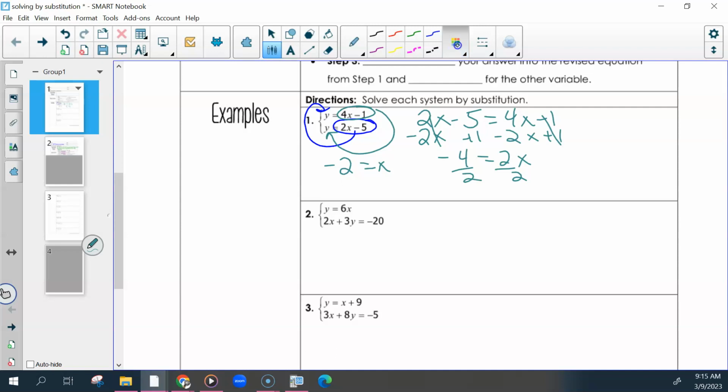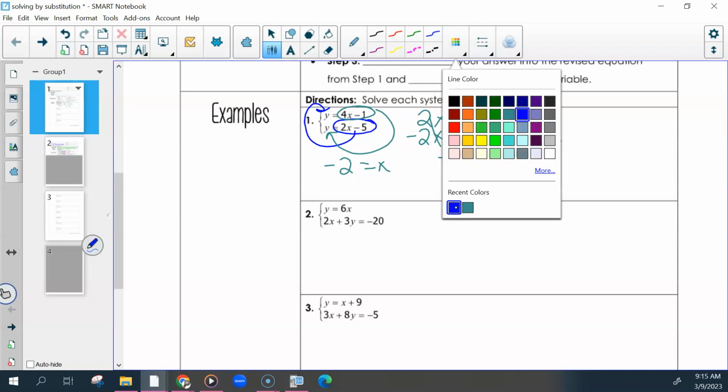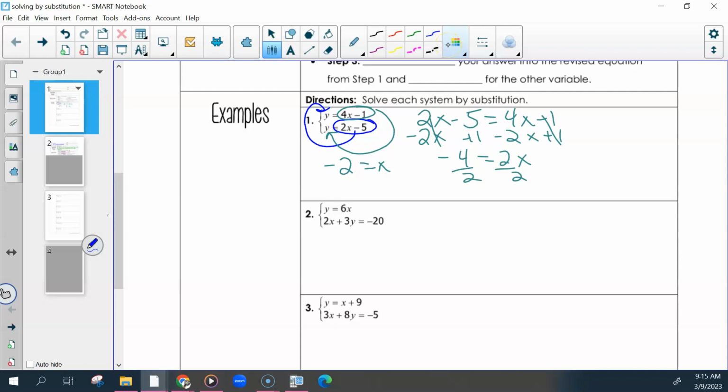You have 2 options to find y. You can either put -2 into the first equation where x is, or put it into the second one. It does not matter. You should get the same thing either way. So let's say I put it into the first one. Then you would solve for y. -9.